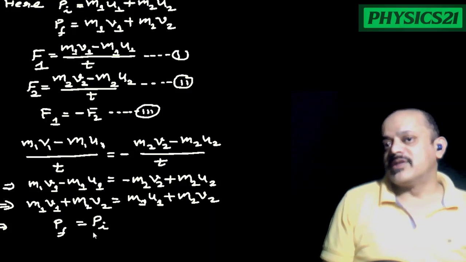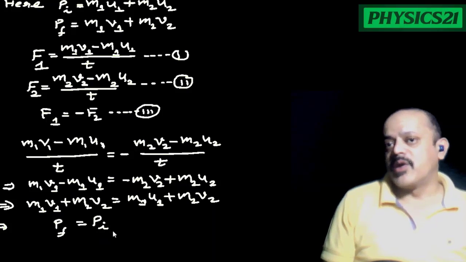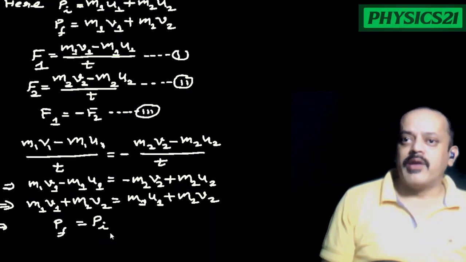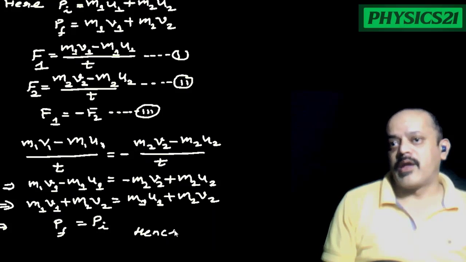So that means the total final momentum of the system is equal to the total initial linear momentum of the system, which is the law of the conservation of linear momentum. Hence, proved. So that was the proof of this law.